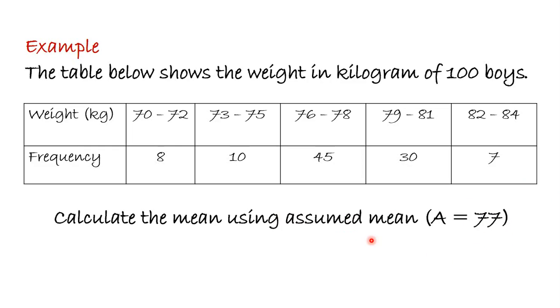That means that at times the assumed mean may be given to you, and at times it may not be given. When it has been given, you use that value which has been given to you. If it has not been given, then you choose any mid-mark value that is within that data.